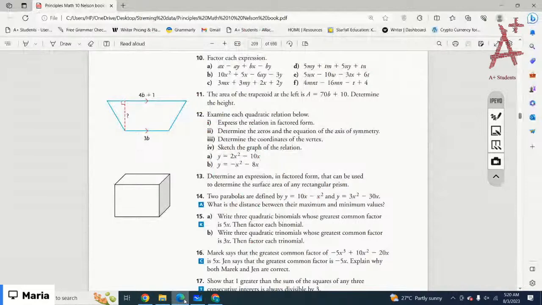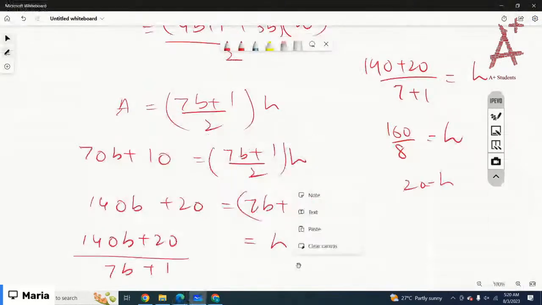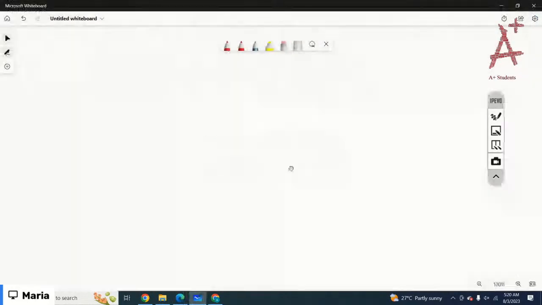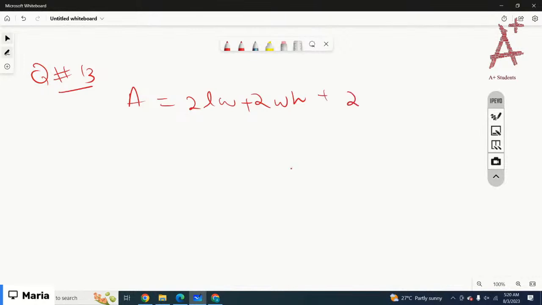The surface area of the rectangular prism is 2 times length times width plus 2 times width times height plus 2 times length times height, right?